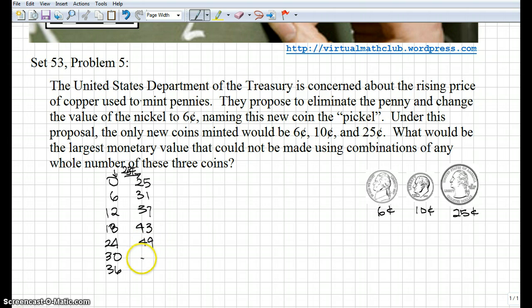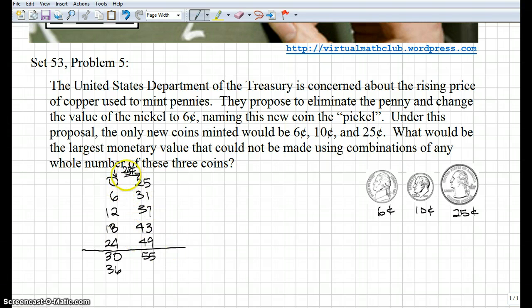If we add 25 to 30, we get 55 cents, and so on. And you can see again that here we get only odd numbers because we're adding an even and an odd. But here we get the 1, the 3, the 5, 7, and the 9. You see that? So I can actually break it off here.